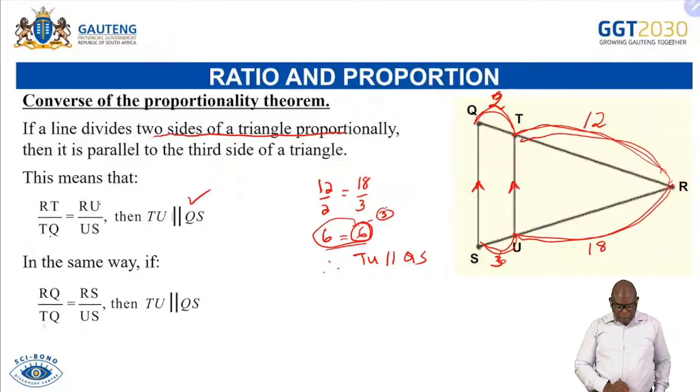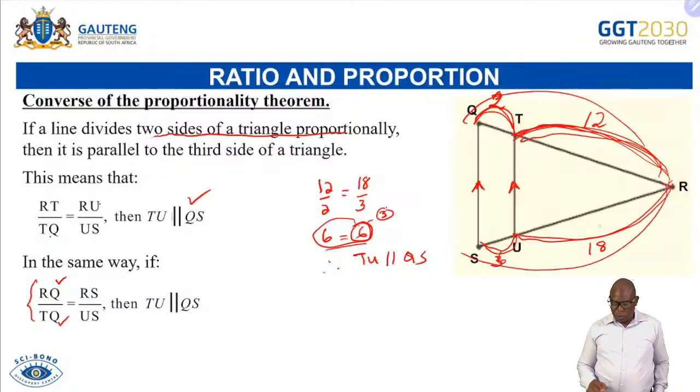This is just the same thing here, RQ over TQ and RS over US. That will be in the same proportion. If those are in the same proportion, then we're saying TU is parallel to QS.